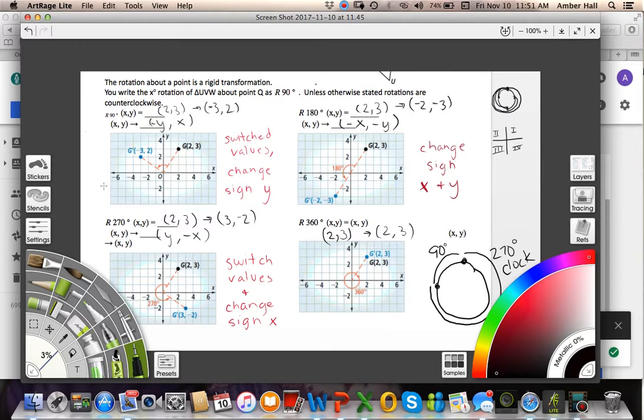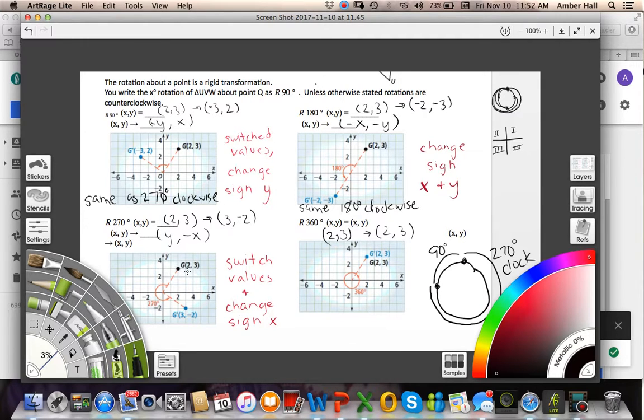So this is the same as 270 degrees clockwise rotation. So I can apply the same thing here. If I go 180 degrees counterclockwise, it's the same as 180 degrees clockwise. And if I look down here, I'm going 270 degrees around.